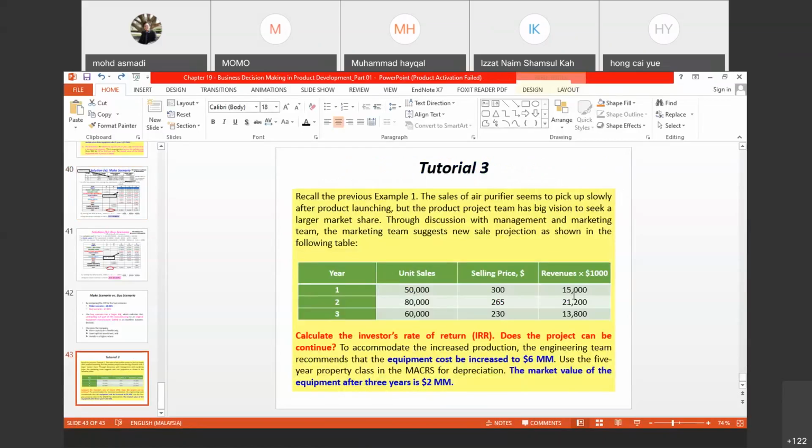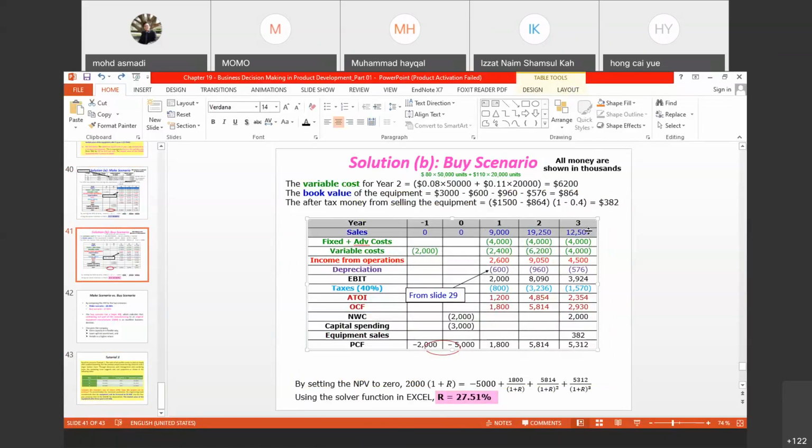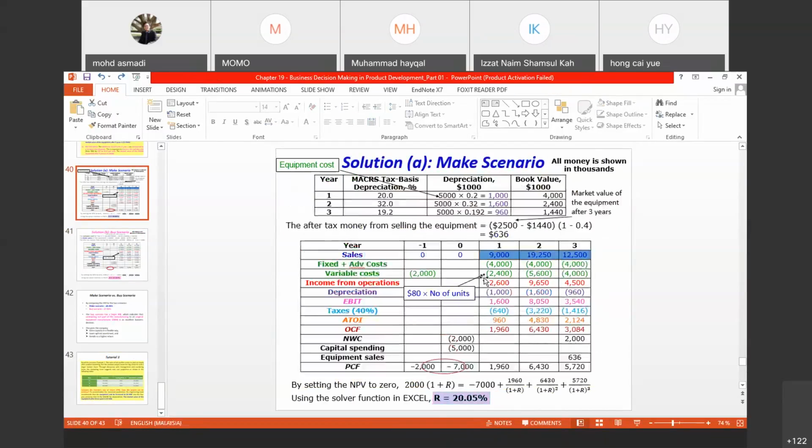Just put it in the second column. The fixed cost and also the variable cost are the same. And then you get the new depreciation, then EBIT, then OCF.